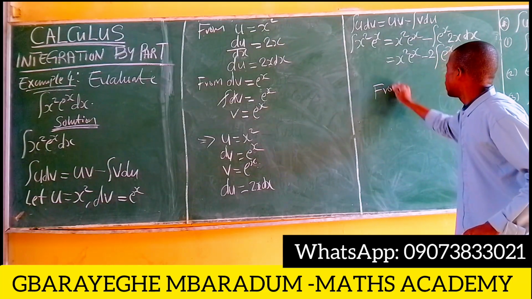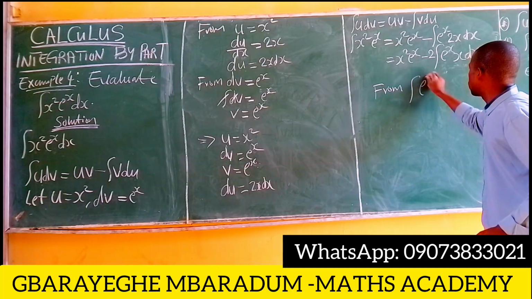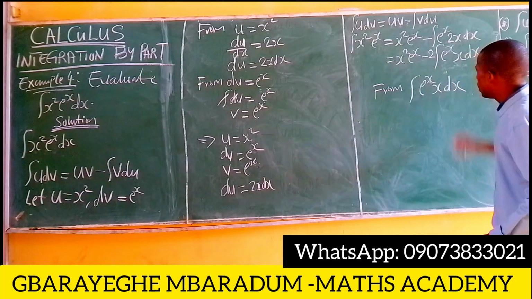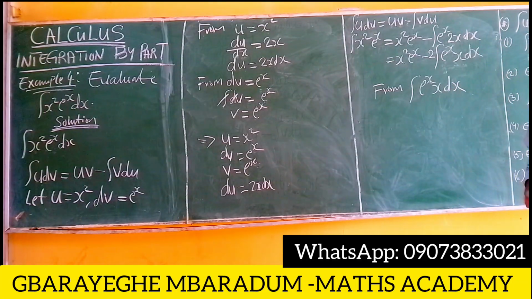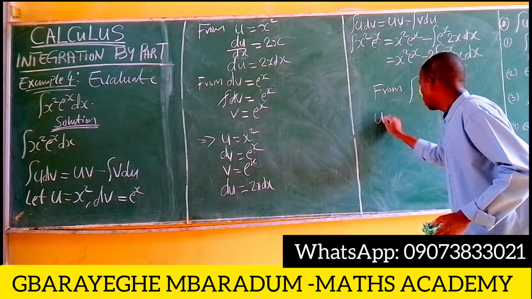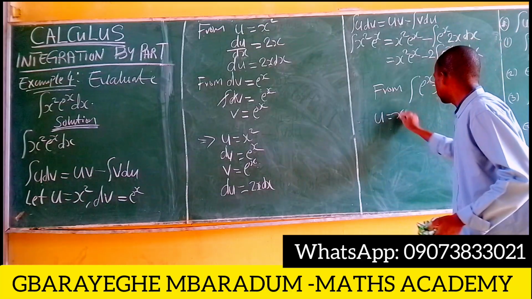So from this side, let's integrate the integral of exponential x times x dx. For us to integrate this, we are still going to use integration by parts, because this is a product of two functions being multiplied. So we say, let our u be the one that can be easily differentiated, which is x.